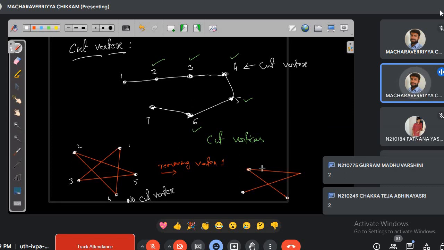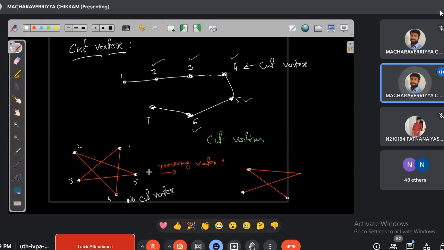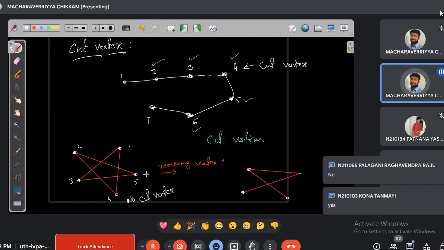So a minimum of 2 vertices are needed here, right? For example, if I remove 1 and 5, is it becoming disconnected? Removing 1 and 5. No, it is not, right?